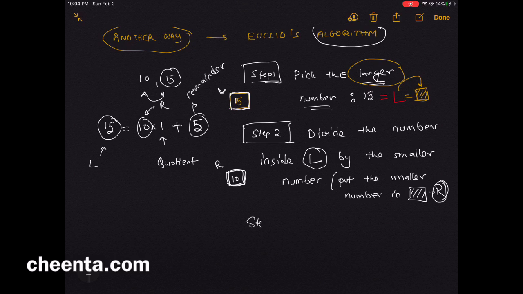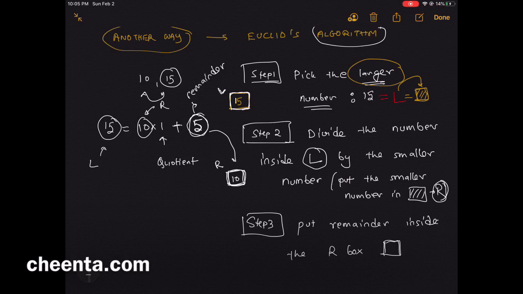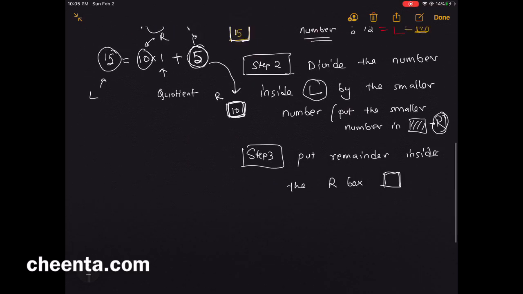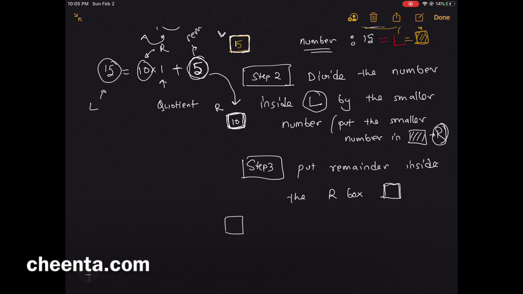What is step 3? Well, in step 3, we will put the remainder inside the R box, which is in this case the white box, right? So we will be putting the remainder 5 inside this box, which contains 10. So now the white box contains 5. So you understand this R is actually a variable.